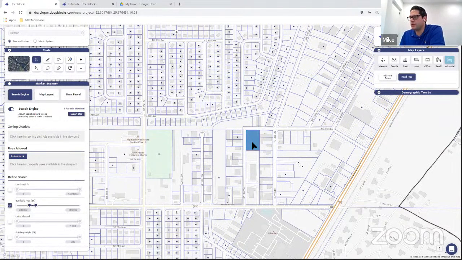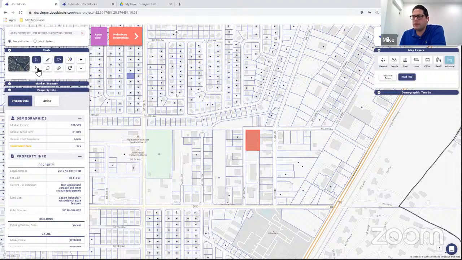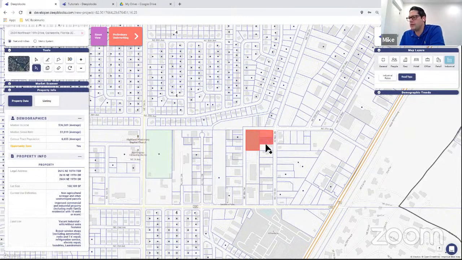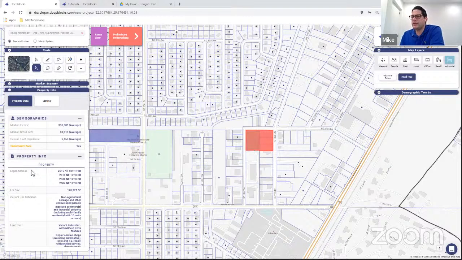We're going to select this parcel. Now, always keep in mind, you can do assemblages. We can potentially speak to the owners of these other lots and do an assemblage of all 4 parcels and go through preliminary underwriting analysis of the entire assemblage and see if there's a chance for a much larger development project.